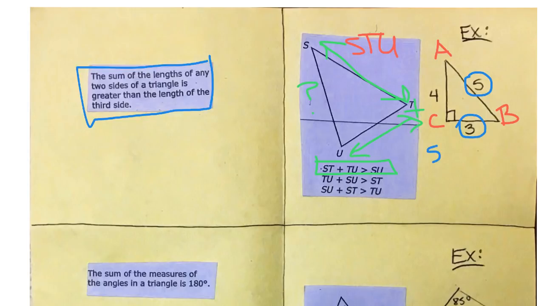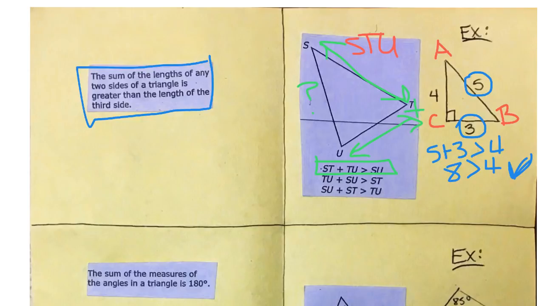So we're going to take 5 plus 3, which is 8, and that has to be greater than the third side, which is 4. So 5 plus 3 we just said is 8, and 8 is greater than 4. So that theorem is just showing that those two sides are bigger than the last one.